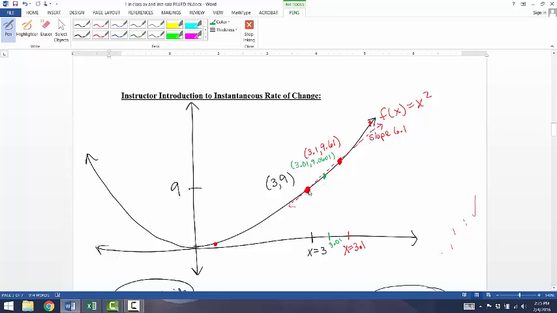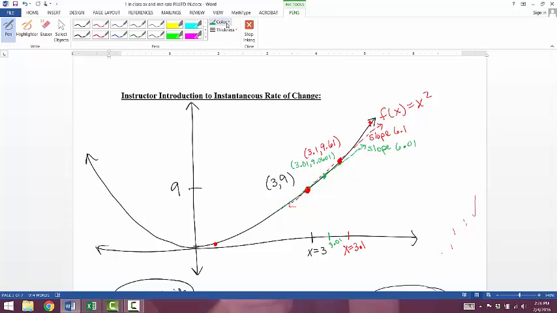And again, I'm going to find the average rate of change. So it would look something like this. And if I calculated the slope of that secant line, the average rate of change from 3 to 3.01, you would find that the slope is 6.01. I did y2 minus y1 over x2 minus x1, and you'd get 6.01.